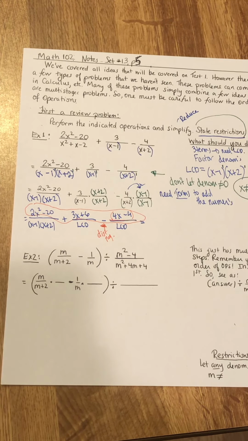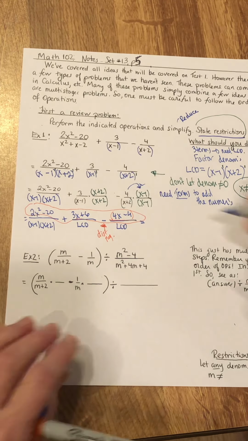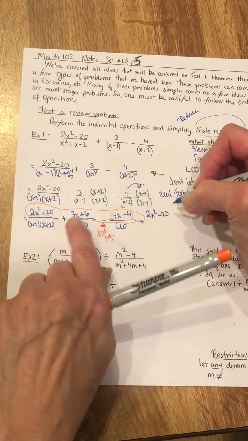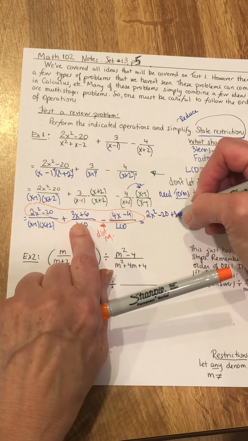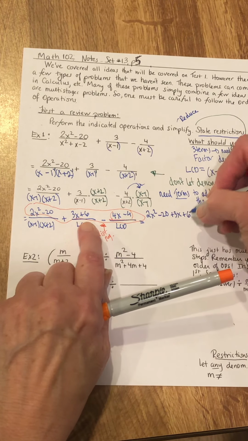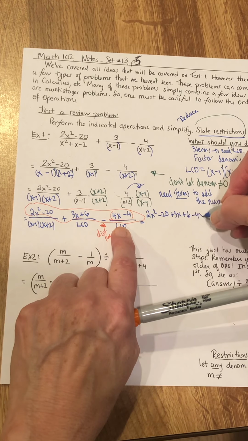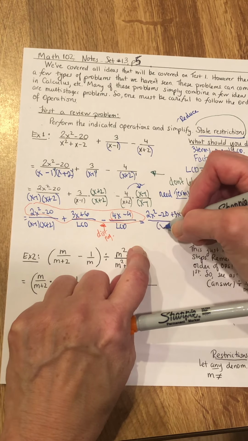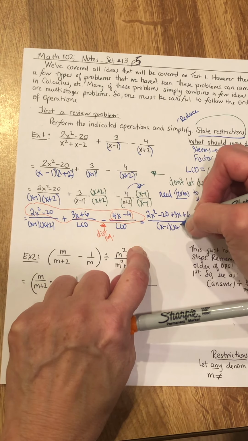So I would need to distribute that negative. So this is 2x squared minus 20 plus 3x plus 6 minus 4x plus 4. Since I'm getting near the end, I'm going to put in that LCD, x minus 1, x plus 2.